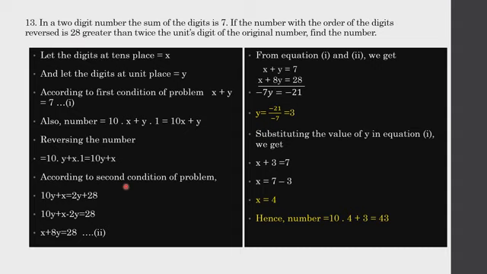This is how we form the equation here, and when you solve it, you get your number as 43. So this is the original number. You can also check your answer with the conditions here. You can substitute the values of x and y in this equation, and you can see that your answer will come up to 28, just to check whether your answer is correct or not.